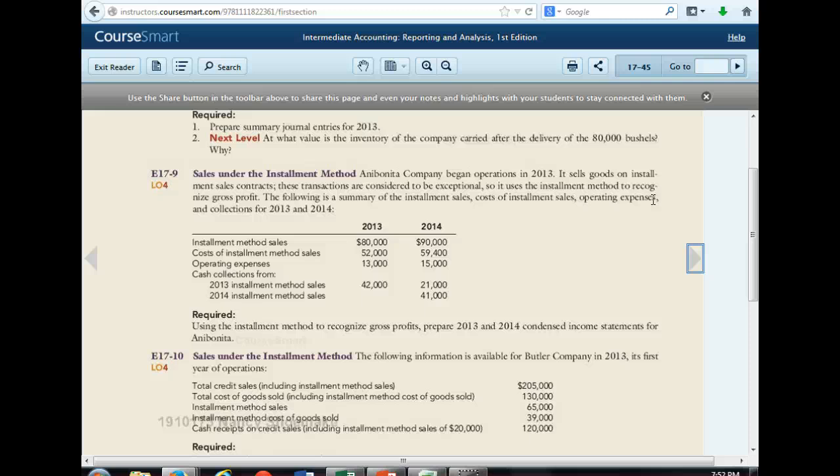The following is a summary of the installment sales, cost of installment sales, operating expenses, and collections for 2013 and 2014. Using the installment method to recognize gross profits, prepare 2013 and 2014 condensed income statements for Anna Bonita. We're going to do this?